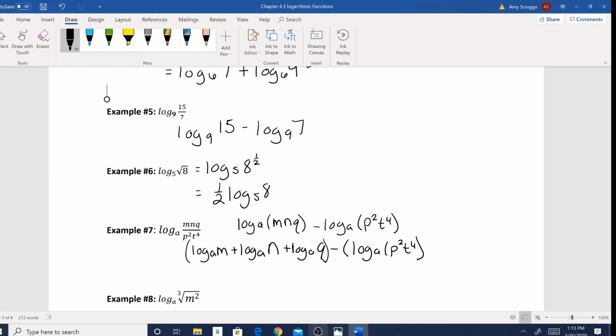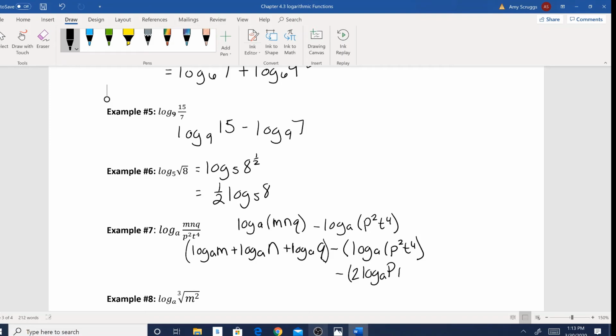But the right side over here, I see I have two power properties. I have the p squared and the t to the fourth. So I'm going to rewrite this second one now as, and I'll start off by saying 2 log a of p. Now, because this is being multiplied, I need to put an additional plus sign right here as well.